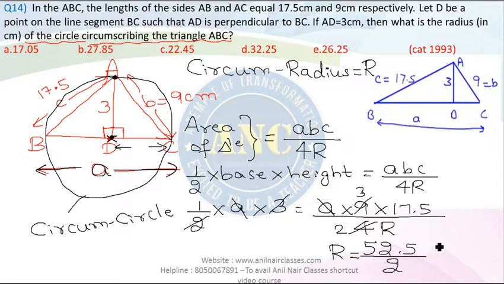Half of 52.5 is 26.25 centimeters. That means the radius of the circle circumscribing the triangle ABC is 26.25 centimeters. Or in simple language, the circumradius is 26.25 centimeters. Both are absolutely the same.